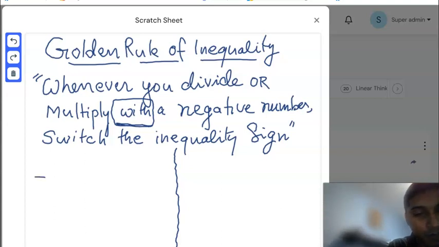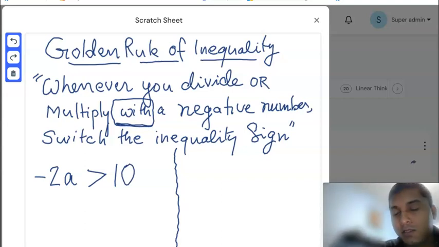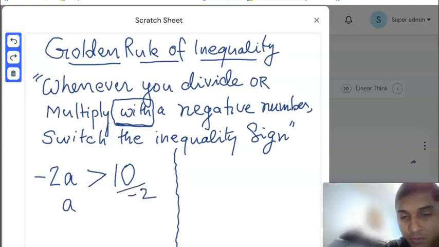For example, negative 2a is greater than 10. Now this is a multiplication, so you divide on the other side, but divide with what? Divide with negative 2. So a is 10 divided by negative 2, and the answer is negative 5.